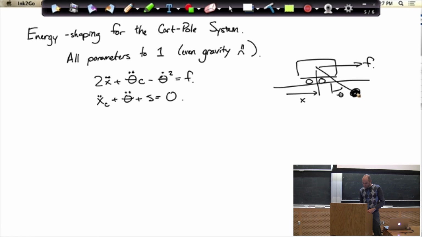Let's manipulate these equations a little bit more to get them into shape. When you write it this way, you can see the dynamics of the actuated system: this first equation is a second order differential equation where F affects the dynamics. The second one, you can think of as a constraint between theta double dot and x double dot.